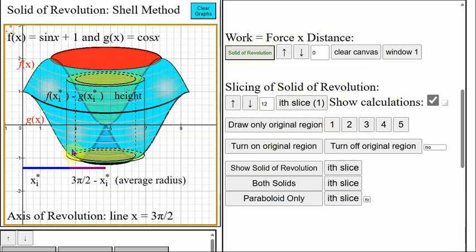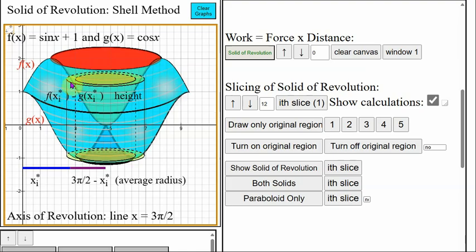Now, to calculate the height of the shell, we'll need the equations for f of x and g of x. So once again, this is x sub i star, and the distance from the x-axis to the graph of g of x, from here to here, will be g of x sub i star. And then the distance from the x-axis up to the graph of f of x will be f of x sub i star.